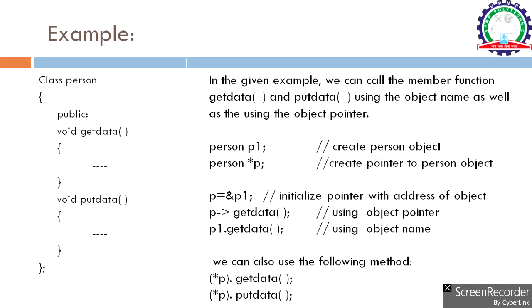That means the pointer object as well as the normal object should both be of the same class, right?